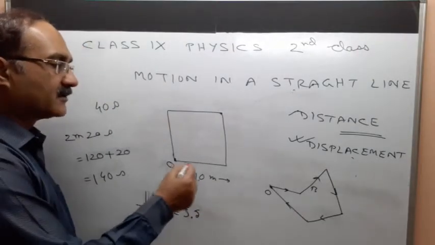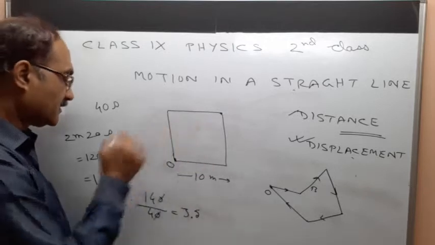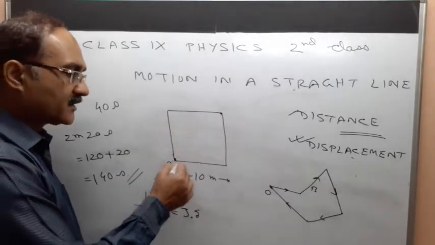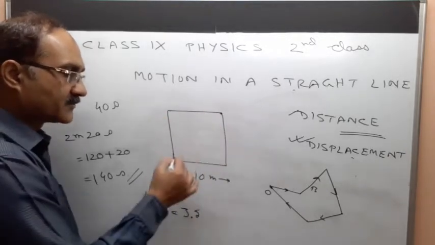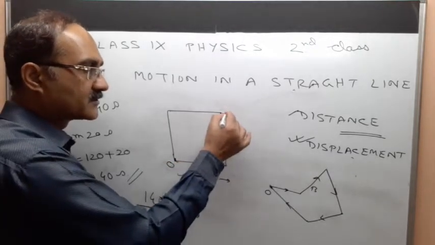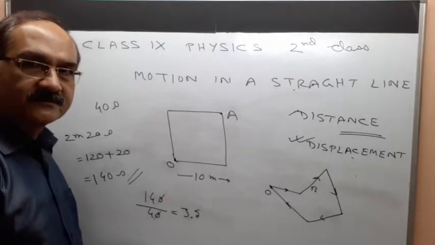That means he will complete 3.5 rounds in this 140 seconds. So 3 rounds means 1 round, 2 rounds, 3 rounds, then half means from here to here. So his final position will be this point, this corner.